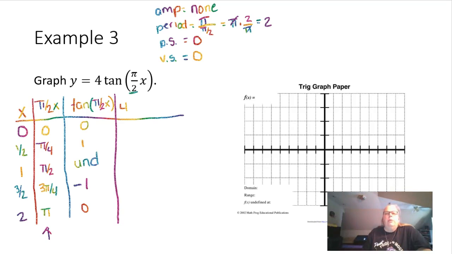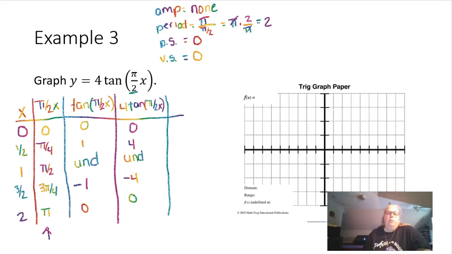And finally, we're going to multiply 4 times that column. 4 times 0 is 0. 4 times 1 is 4. 4 times undefined is still going to be undefined. 4 times negative 1 is negative 4. And 4 times 0 is 0.